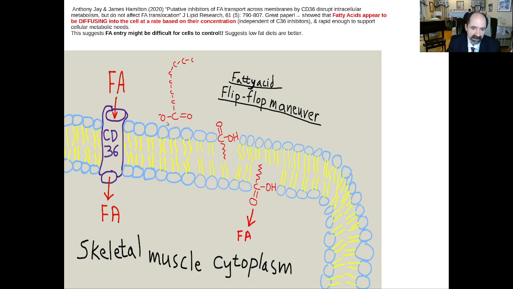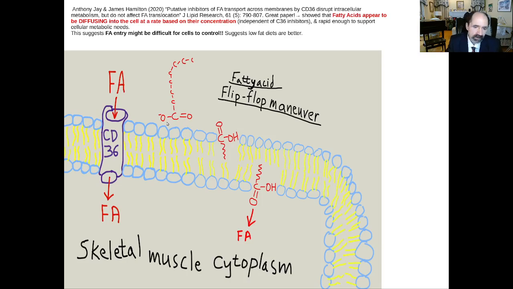And when excessive amounts of fat get into the skeletal muscle, they go into the mitochondrial matrix, the center of the mitochondria, where they undergo beta oxidation and produce electron carriers, NADH and FADH2, but they produce them so rapidly and excessively that they overwhelm the electron transport chain of the mitochondria. And we'll go into that slide in just a moment, but trust me, this is a big, big, big deal in terms of understanding diabetes physiology.